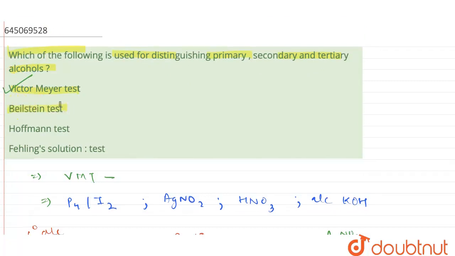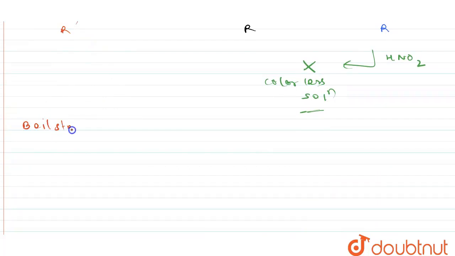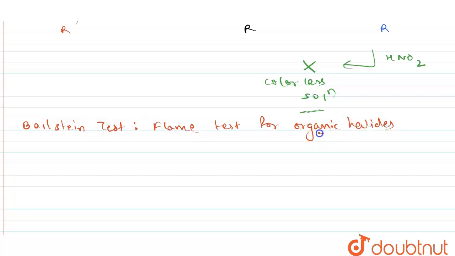The second one is given as Beilstein test. The Beilstein test is basically a type of flame test for organic halides. In this, we take copper wire, which is heated in an oxidizing flame, and after oxidizing, this is dipped in the organic compound, and again introduced to the flame.